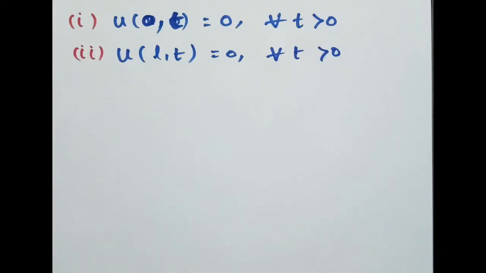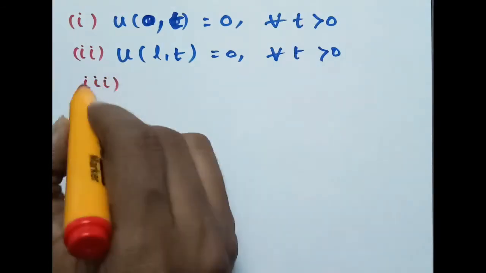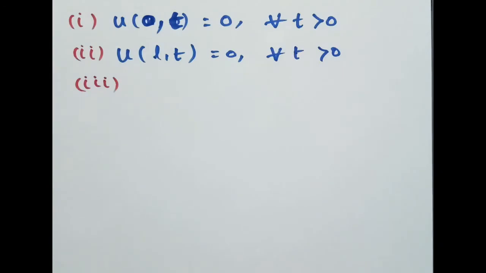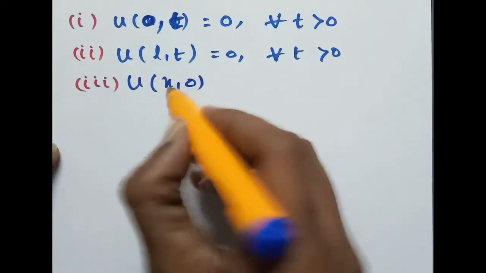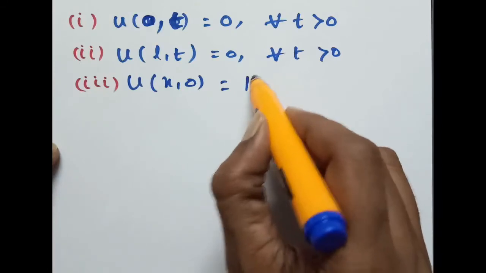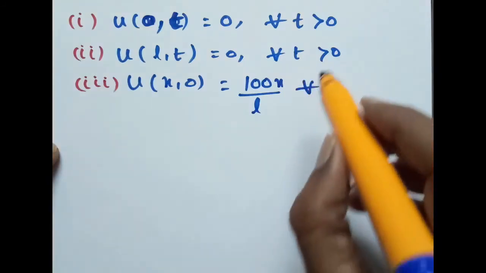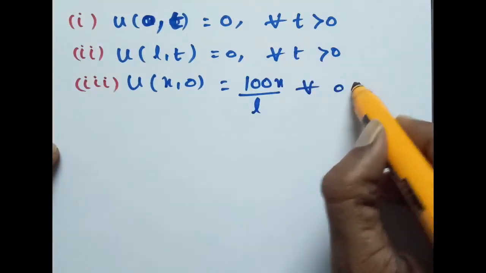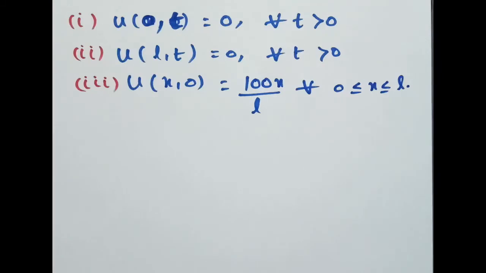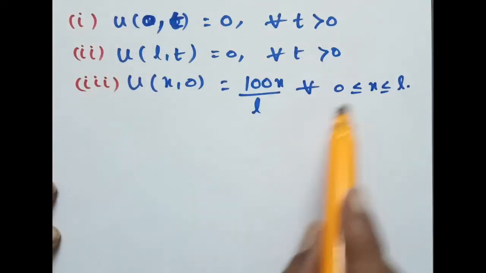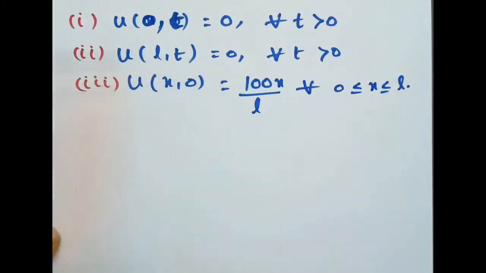And third, the initial temperature at any point in the rod at time t = 0, that is u(x, 0) = (100/L)·x for all 0 ≤ x ≤ L. This is exactly as in problem number 1.